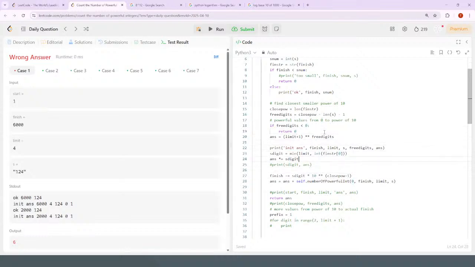So it's not the minimum. It's the minimum to get the multiplier, but it's the maximum to remove the digit. What if there's another way of removing the digit?